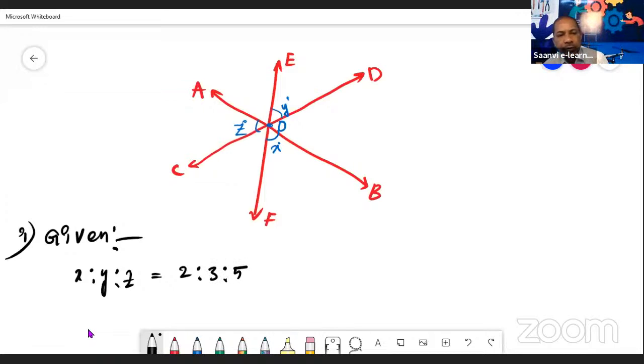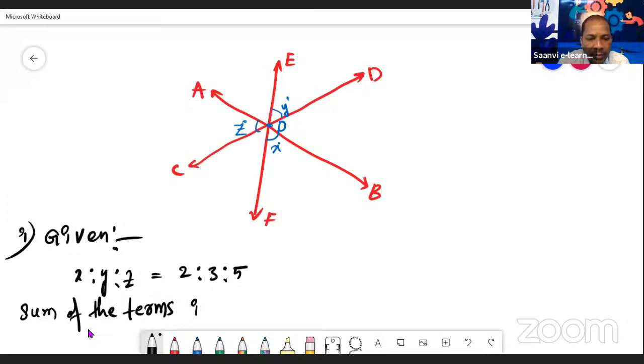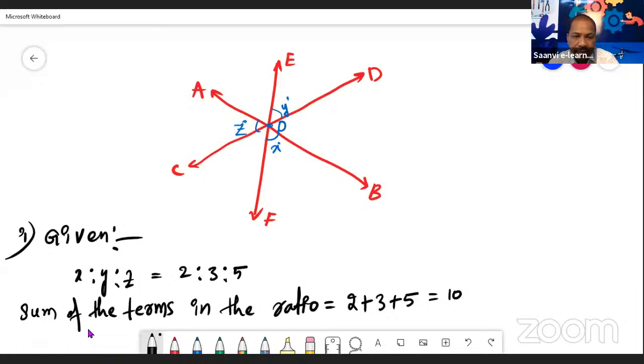Find the sum of the terms in the ratio. What terms are there in the ratio? 2, 3 and 5. So find their sum: 2 plus 3 plus 5. How much we get? 10. Okay, sum of the terms in the ratio we have got 10.